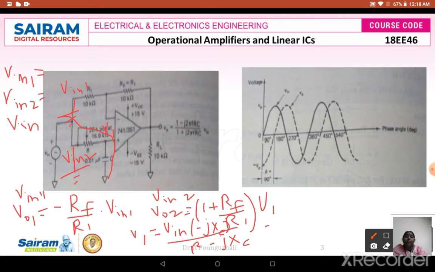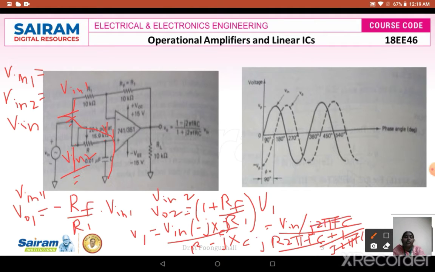So if I simplify it, this XC, if I am going to bring it here, so here it is going to be Vin by j into 2 pi Fc divided by R into j into 2 pi Fc plus 1, divided by the whole thing divided by j into 2 pi Fc.